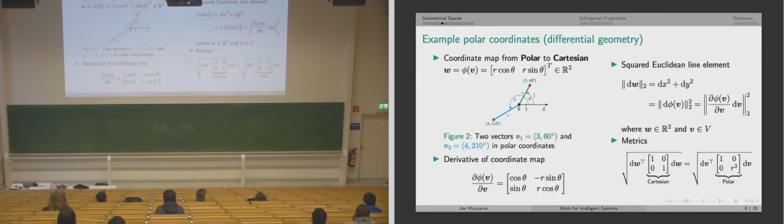But in polar coordinates, if we want to express the Euclidean line element, so the straight line, in polar coordinates, we're going to have this polar metric here, which is the 1D version of something called the spherical metric. And so it's this idea of computing straight lines on something that is curved.